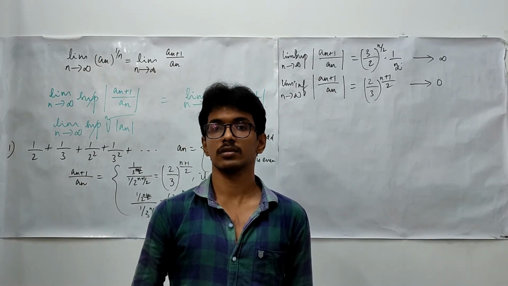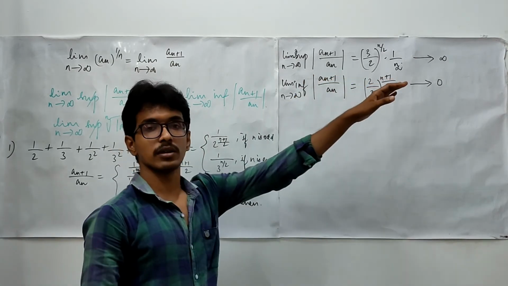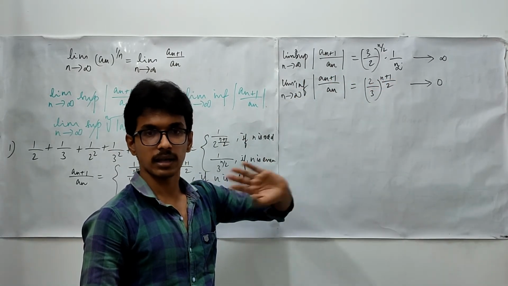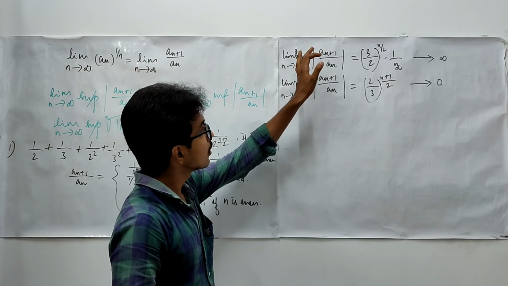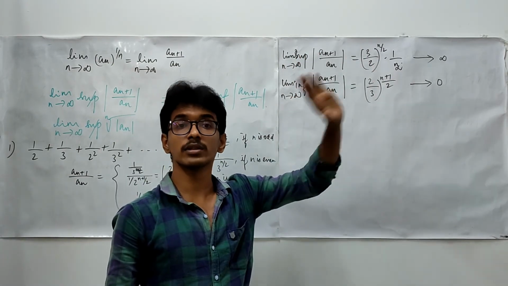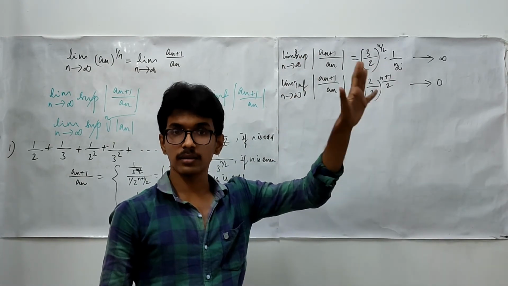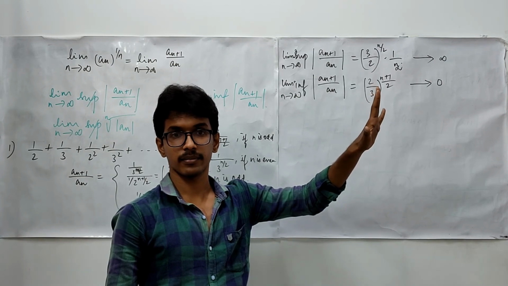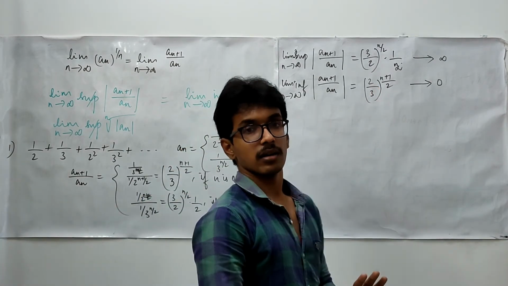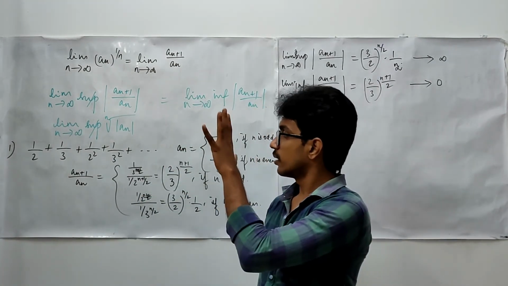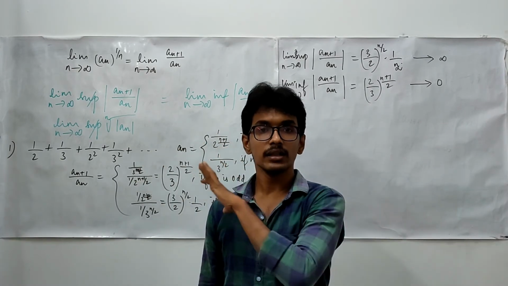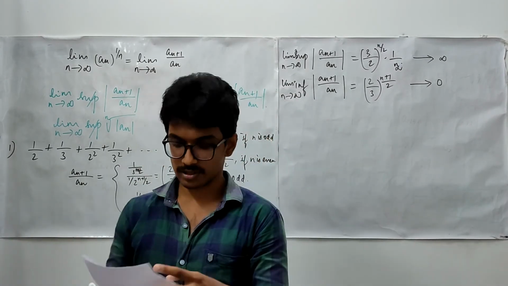Of course. Your supremum value is infinity. Here the limit does not exist, that is another thing. Here the supremum quantity is infinity, which is bigger than 1. Hence it is divergent. The ratio test gives you that this series is a divergent one.